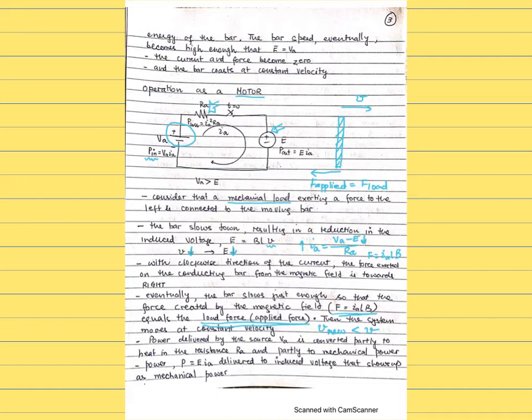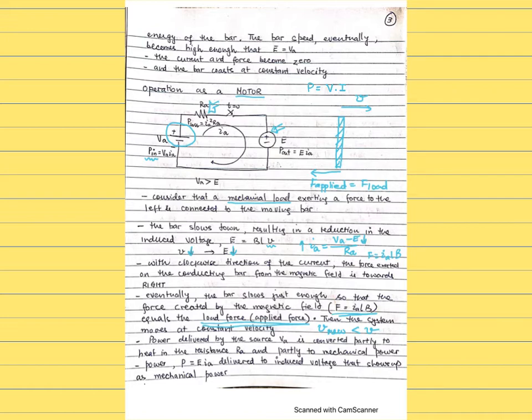By the basic definition, power is given by the voltage multiplied by the current. So the input power at the battery or source is the voltage VA multiplied by the current IA.